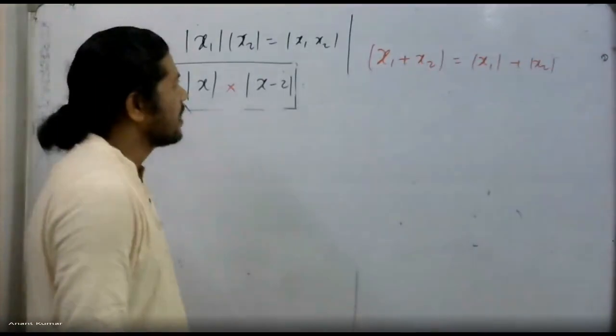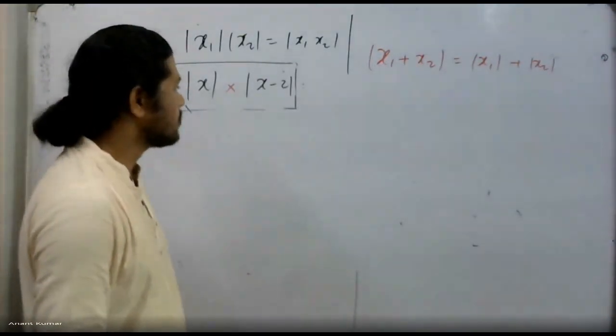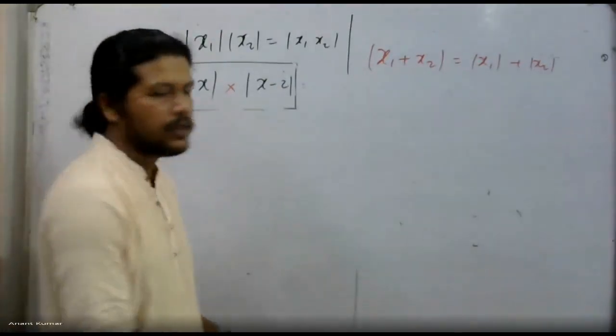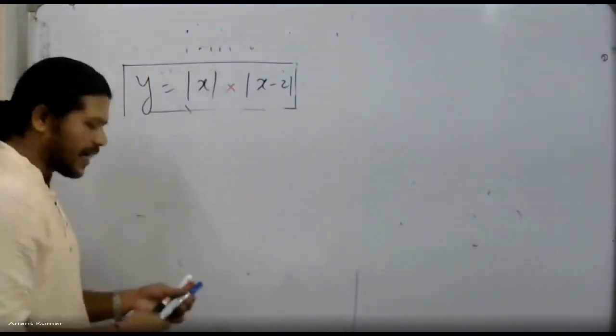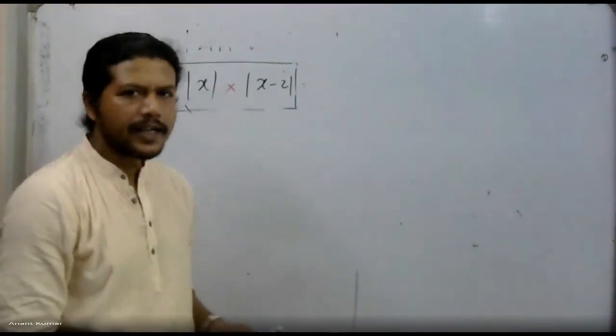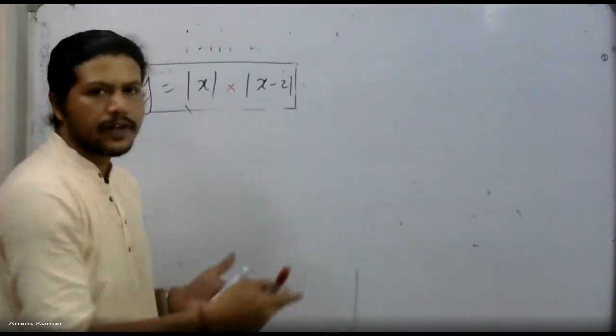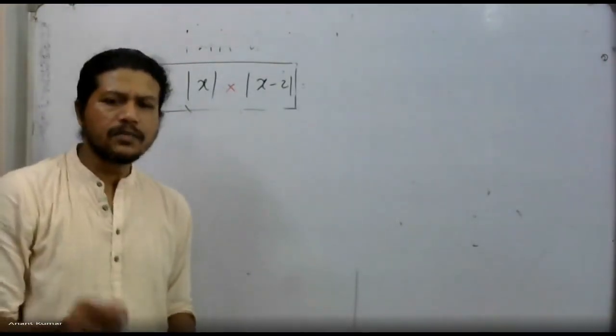Anyway, if I consider the product first of all, again I'm going to utilize a definition. I utilize a definition to write this product into different parts. As usual, the breakpoints are the same, 0 and 2.